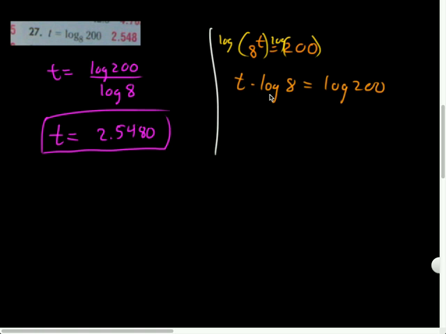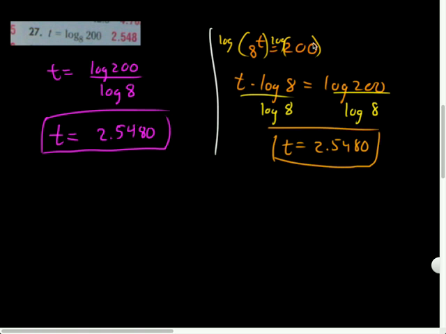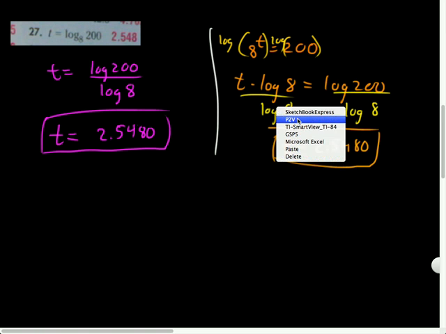And then I'd divide both sides by log 8, which is a little bit of a derivation of the change of base formula. So t equals log 200 divided by log 8, once again 2.5480. Whether you write it in exponential form, you'd still have to introduce logarithms to get that to work. Or just directly use the change of base formula, which makes things much nicer.